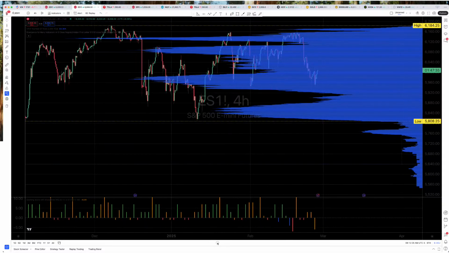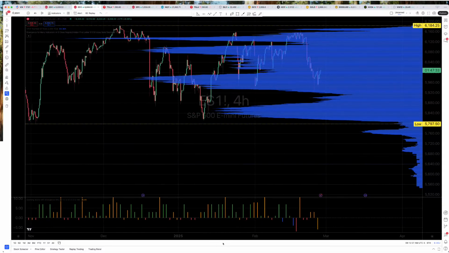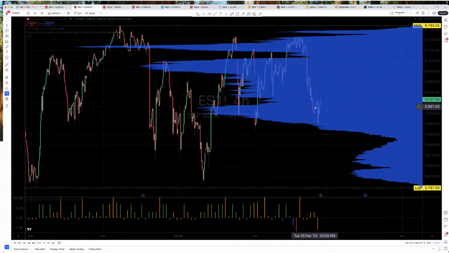We'll just look at that right there, because all we really care about is up here. So we can see we've left this volume node. That's where I had the red line and the green line, up and down here. Passed through this lower liquidity area last night. And now we're knocking on the door at the bottom of this child node right here.